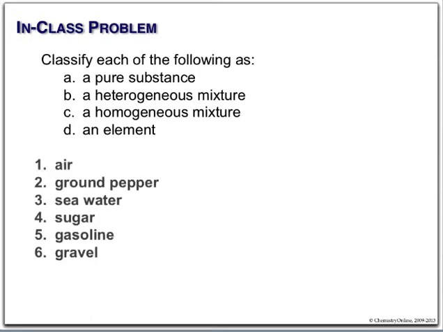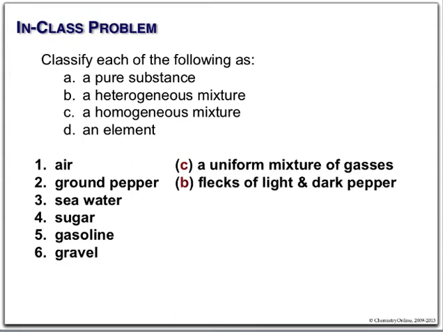Look at some examples here. Air. When we take a sample of air within a local region, we'll always get the same basic composition. It's a mixture of gases, and therefore it is a homogeneous mixture. Ground pepper is a classic example of a heterogeneous mixture. Seawater, as we've seen, within the same sort of area, the salts are going to be dissolved in the same ratio, and it will be homogeneous.